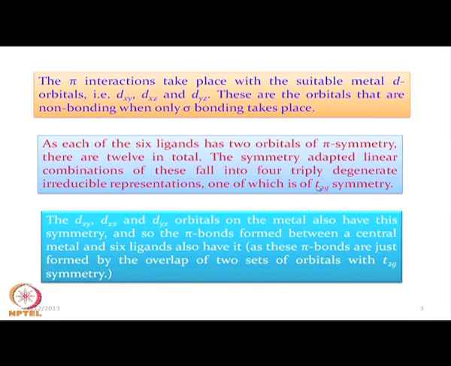So, if we go for the matching symmetry, that means the ligand group orbitals or the symmetry group orbitals can provide the T2g symmetry, which will have the corresponding matching symmetry with the dxy, dxz and dyz orbitals.